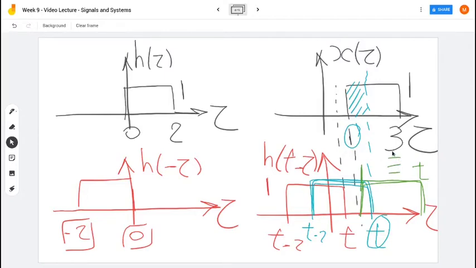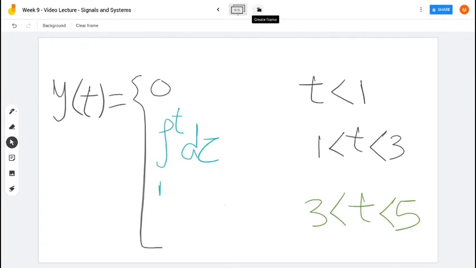So the third interval would be t larger than 3 and less than 5. And in this case, the integration will go from t minus 2 up to 3. So the integration will go from t minus 2 up to 3 d tau.